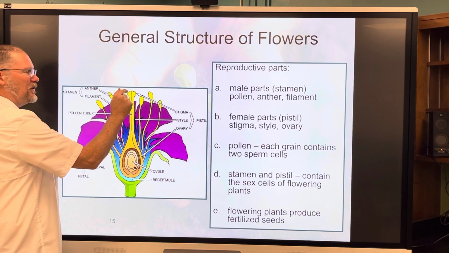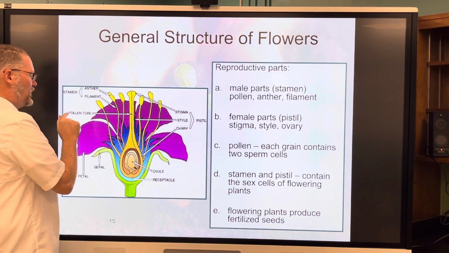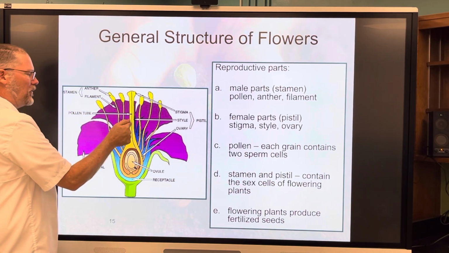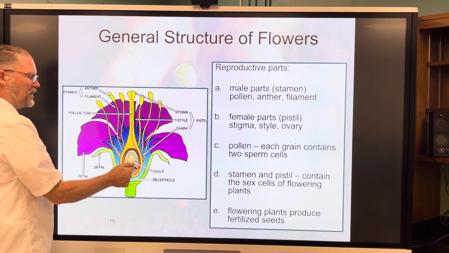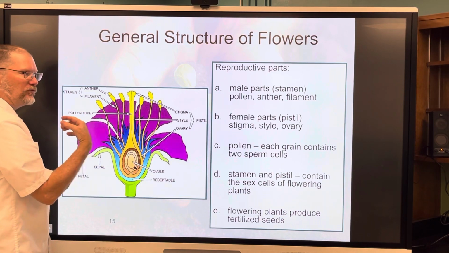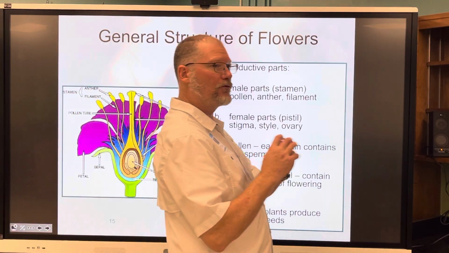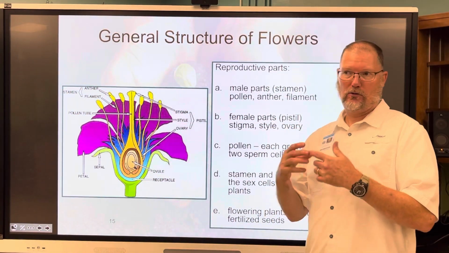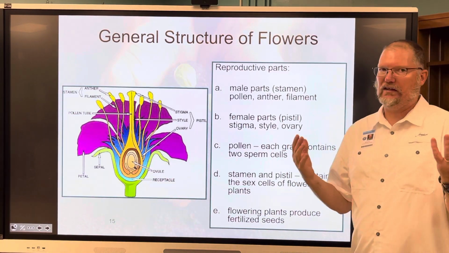So when the pollen blows in, it sticks to the sticky part and a tube forms. This pollen tube forms down here, and the pollen travels all the way down and gets to the ovule and fertilizes that plant. Then the flower will die and a fruit will form, which will carry the offspring to the next generation, or not if somebody eats it.